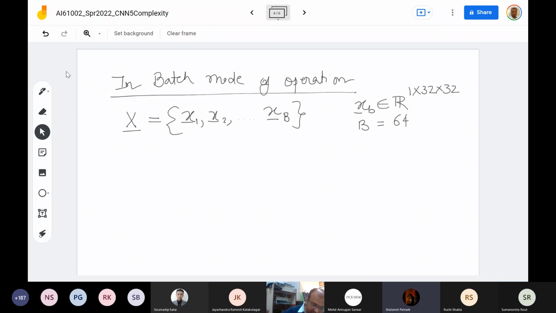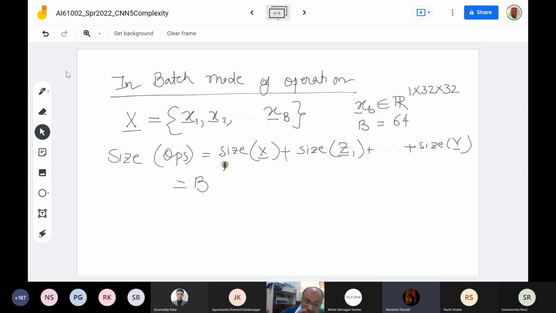Now what you would see is that the size of these operations is essentially the size of X plus size of capital Z1 plus like this up to size of capital Y. For each sample there will be a different size which gets generated over there.